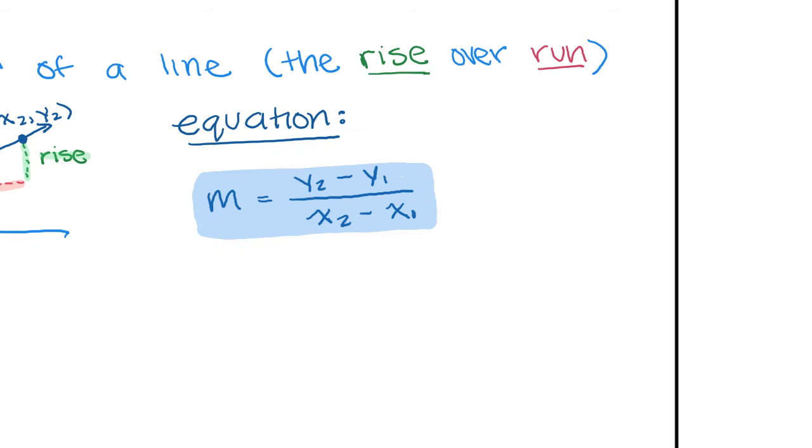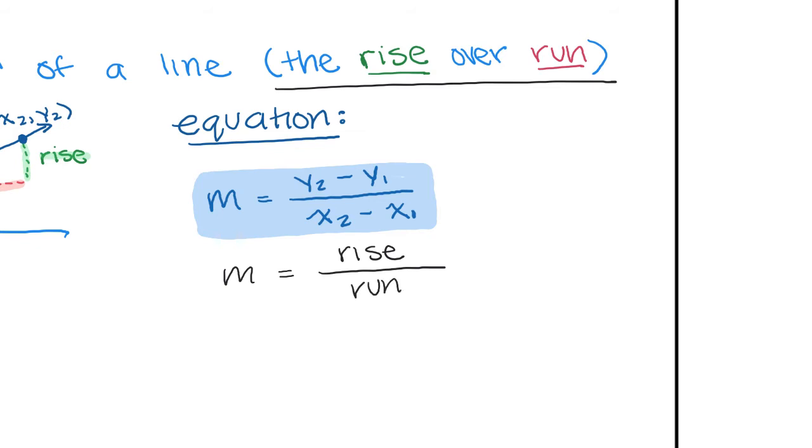So in other words, we could also write this if we wanted to. Again, the definition of slope could be the rise of a line over the run. So we're just looking at the rise in terms of the y-axis as it should be. We will write that m is equal to rise over run. So how much is it increasing or decreasing across the y-axis over how much it is increasing or decreasing across the x-axis.